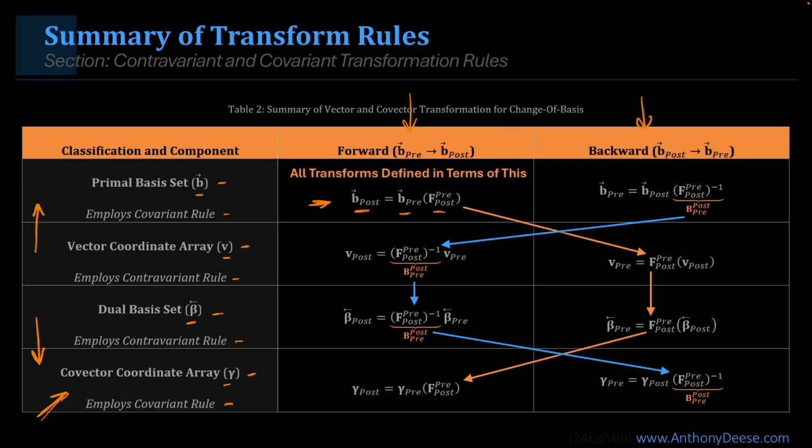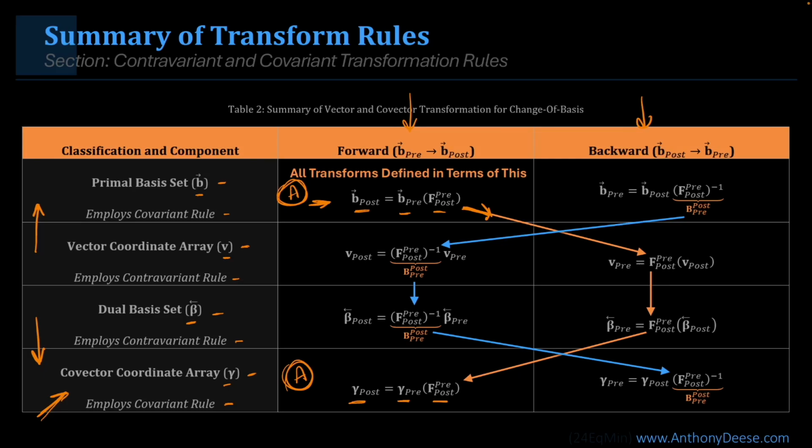And we do. Gamma post is equal to gamma pre times a forward transform matrix. And that's what this orange arrow is showing. It's relating all the similar components. Okay, but for now, I'm going to put an A here and an A here to indicate that they behave similarly.